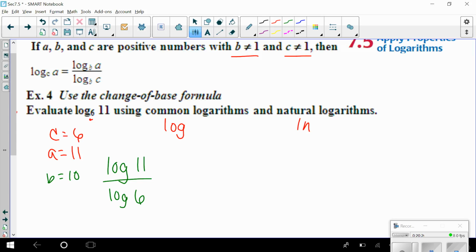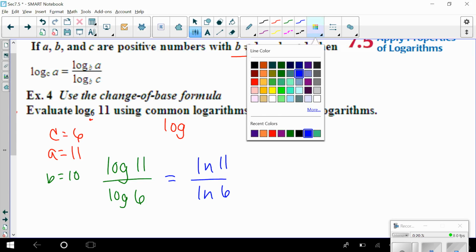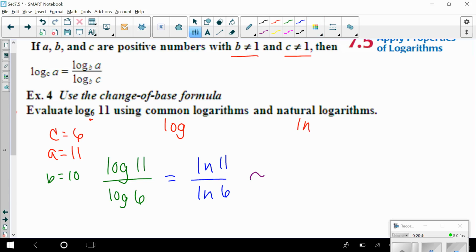We can also use the natural log, and it's going to be the same thing. So we can say the natural log of 11 divided by the natural log of 6. And again, these are things that you can do on your calculator. So when you put this into your calculator, you get a rounded answer, and it's approximately 1.338.